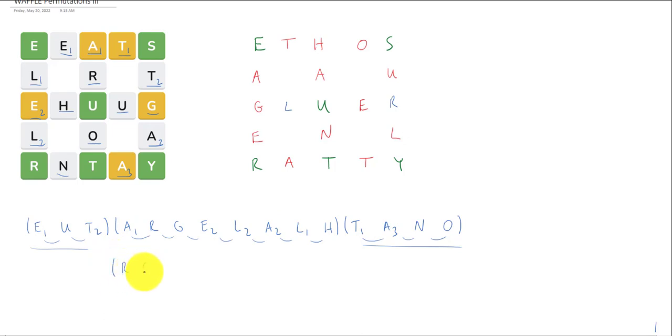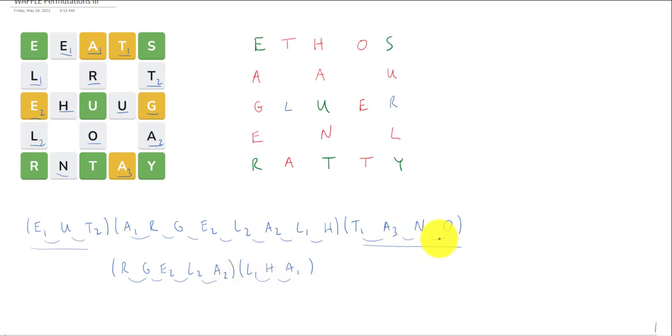So I'll have R, G, E2, L2, A2. I'm going to close it off at A2 because I know I'm duplicating the A. And then I have L1, H, A1. All right. Now, at this point, I've been able to cut down by 1, right? So I have 1, 2, 3, 4, 5, 6, 7, 8, 9, 10, 11.